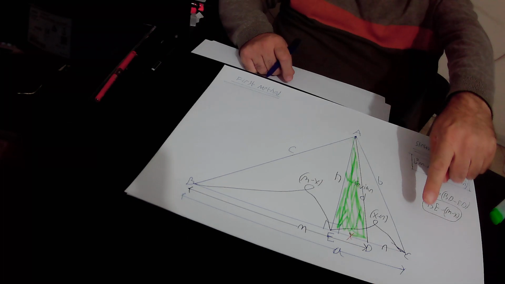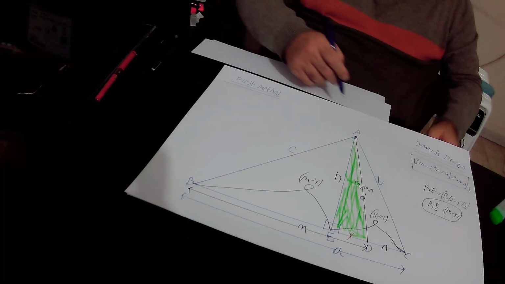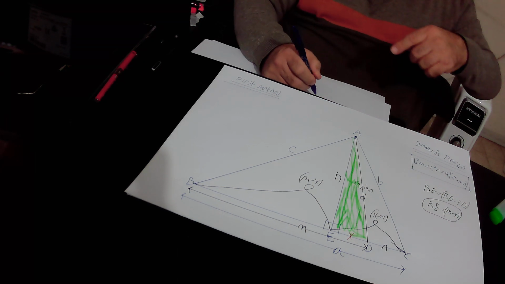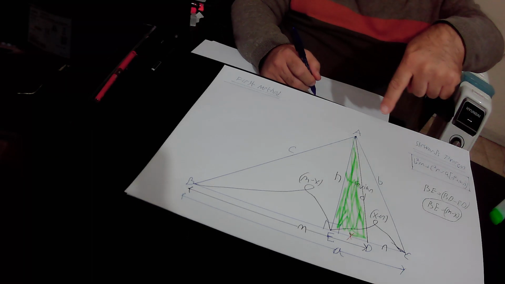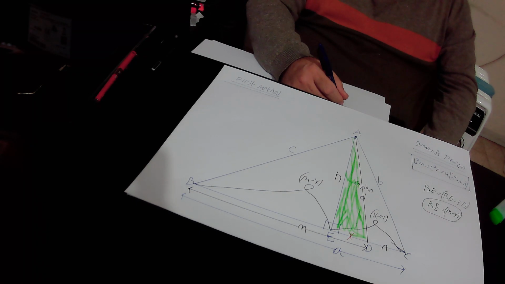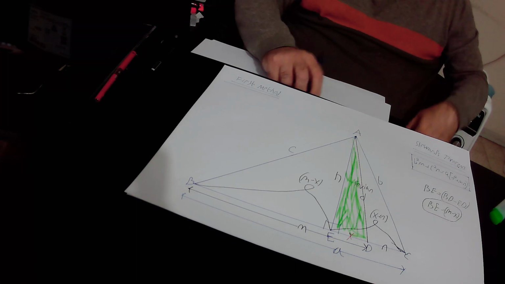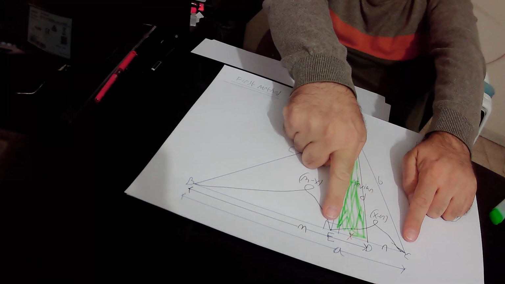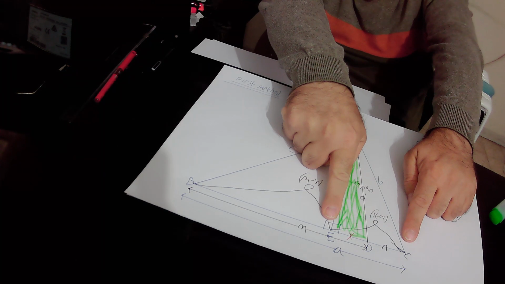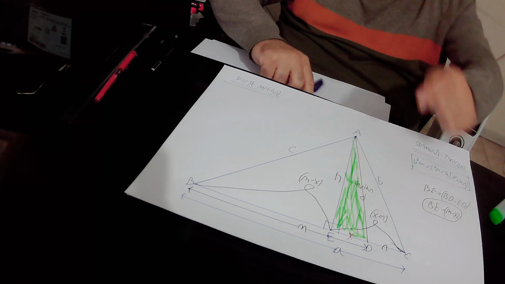The hypotenuse AC equals B units in length, therefore AC squared is B squared, and it must be equal to AE squared. AE equals H, therefore AE squared is H squared, plus EC squared. EC equals X plus N units in length, therefore EC squared is (X plus N) squared.